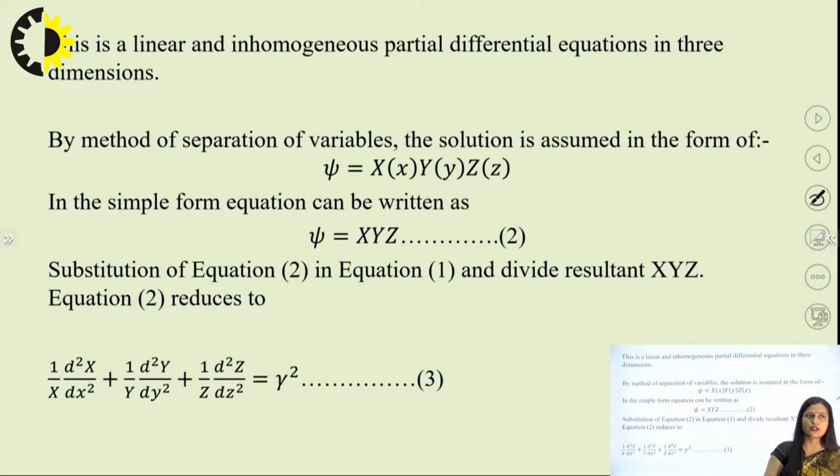Equation number 1 is a linear and inhomogeneous partial differential equation in all the 3 dimensions. So this linear partial differential equation can be solved by the method of separation of variables.